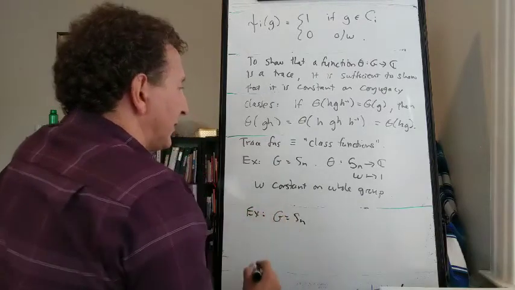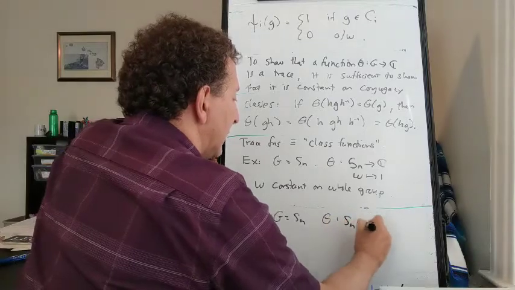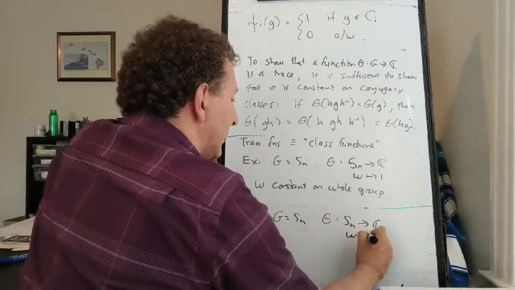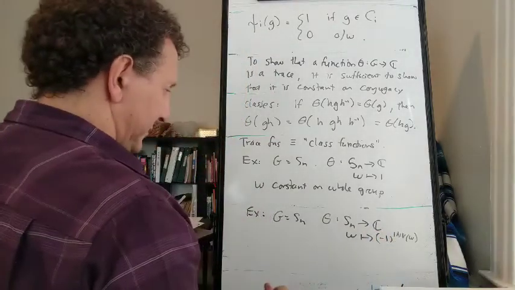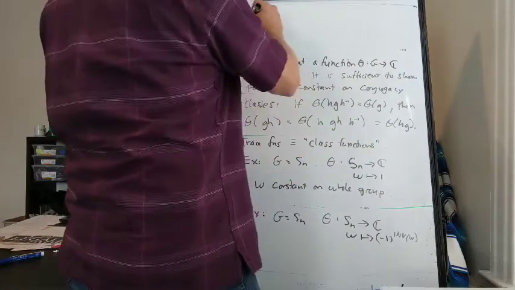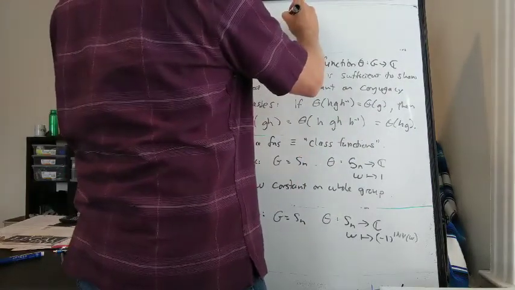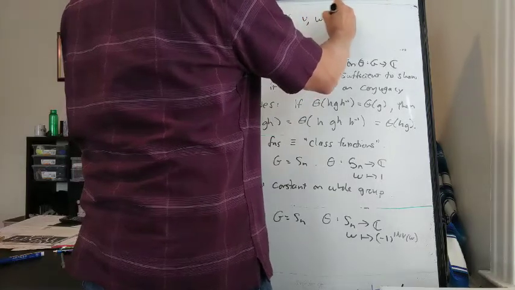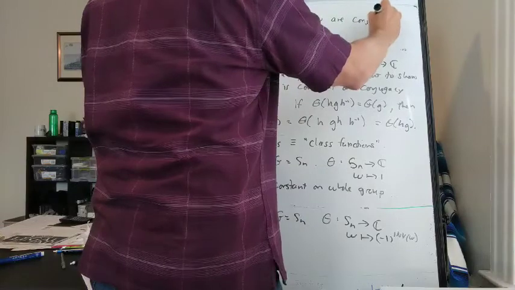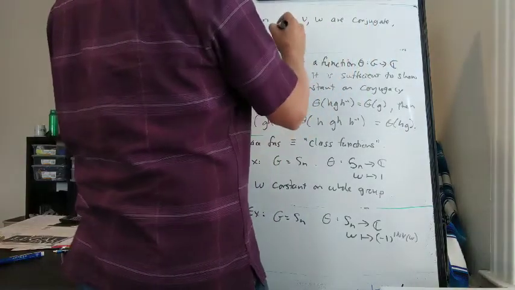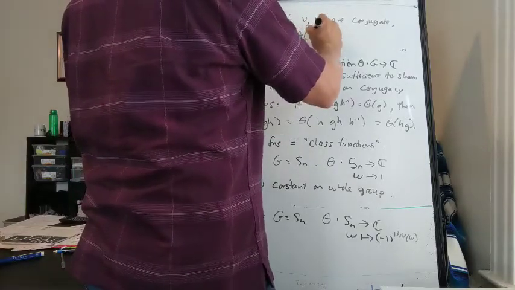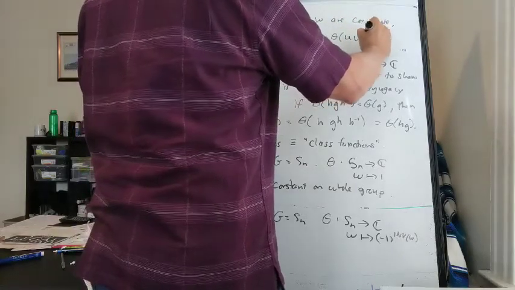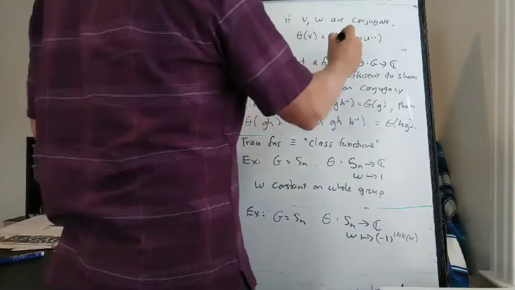So I'll let G be the symmetric group again, and let's let theta be the sign of a permutation, that is -1 to the number of inversions in W. Then if V and W are conjugate, we have that theta of V equals theta of U W U inverse for some U.